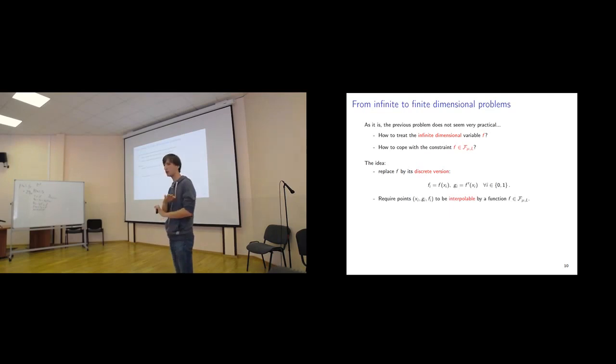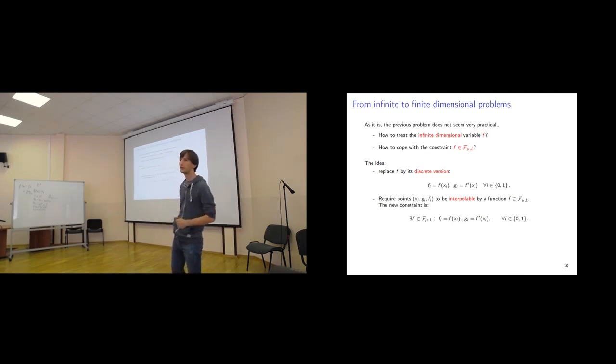I will do it in a brutal way. If I'm given a discrete version of the function, I want it to be interpolable by a function in the good class. So the new constraint is that there should exist a function in the class of smooth strongly convex functions which explains my data. That is, if I evaluate the function at the good points, they give me the right function values, and if I evaluate the gradient of the function at the good points, they give me the right gradients.